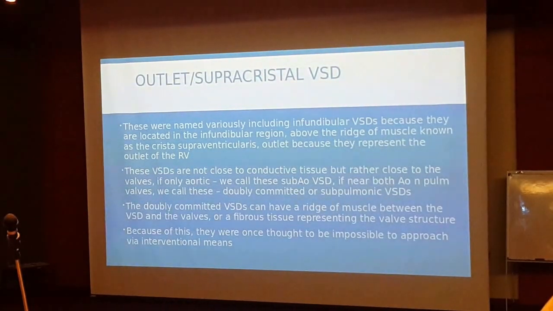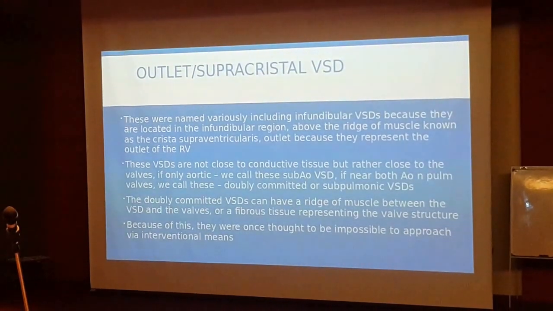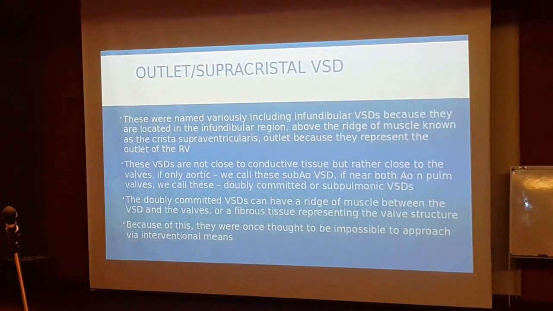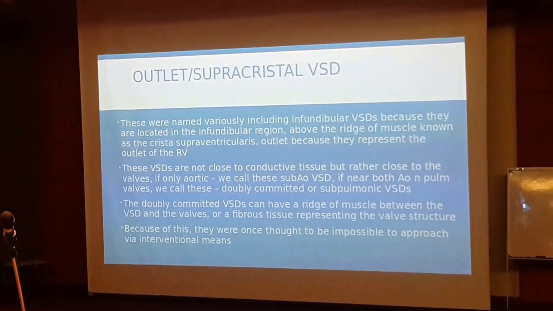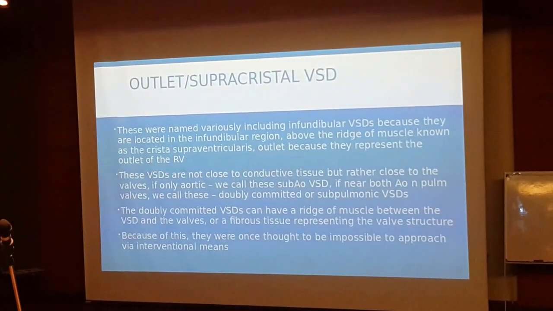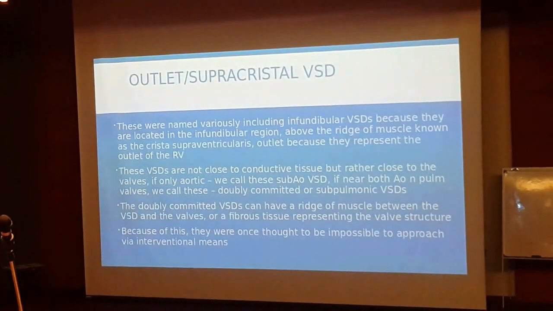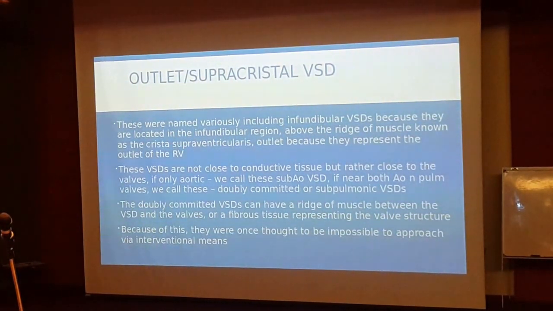The outlet or supracristal VSDs, we'll have examples of them later. These were given various names, including infundibular ventricular septal defects, because of that region. That region above the band of muscle, which you can see from the right ventricle, is called the crista supraventricularis.